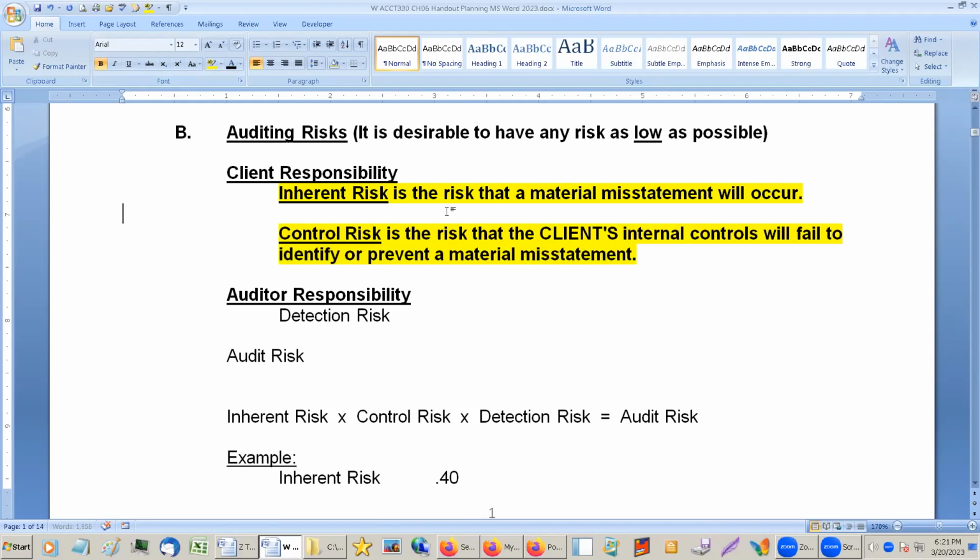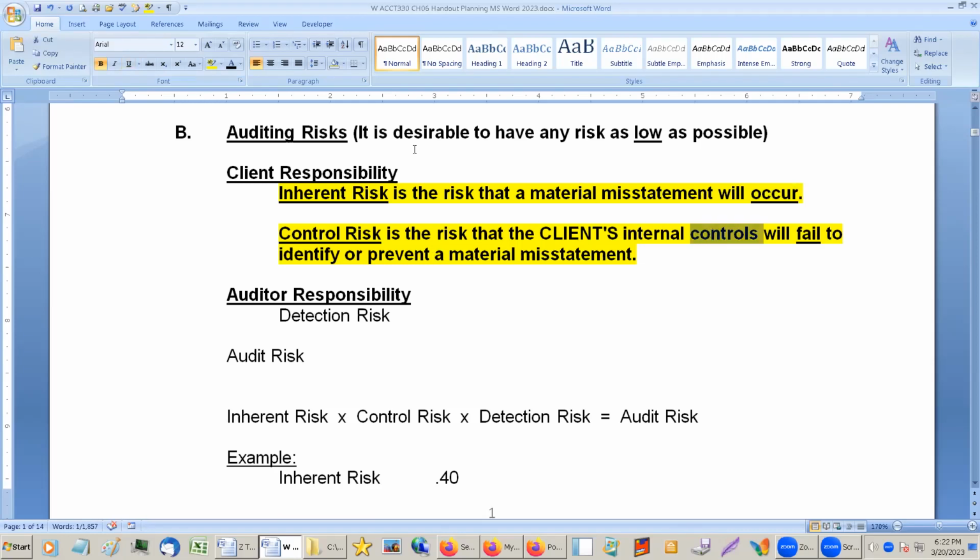So inherent risk is that a material misstatement will happen. And if that does happen, hopefully the controls that the client has will identify or prevent a material misstatement. Now, if they fail, that's bad. So if they fail, that's a bad risk. The first one is, will it occur?